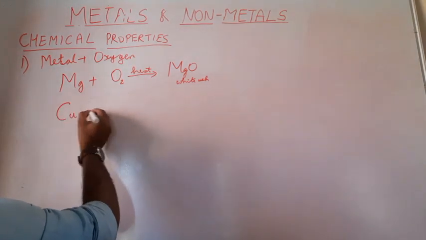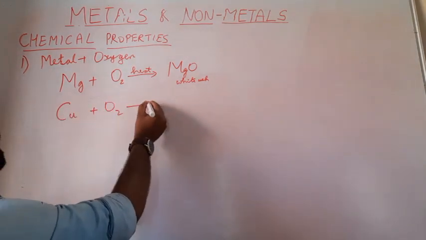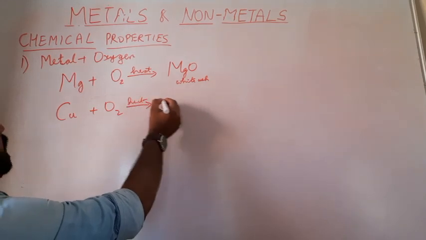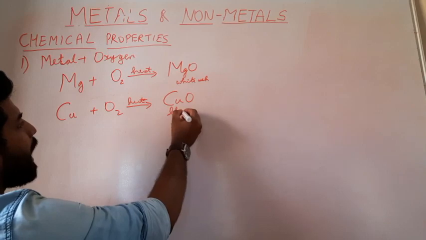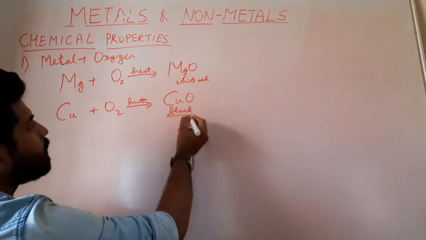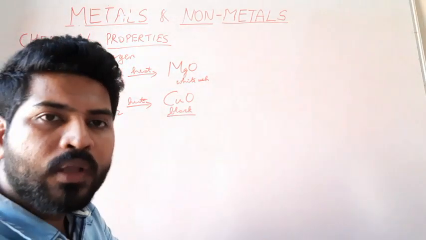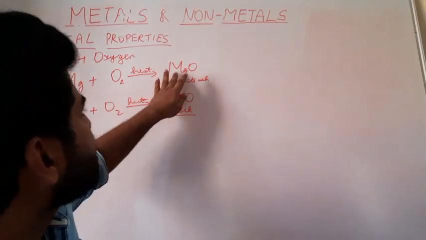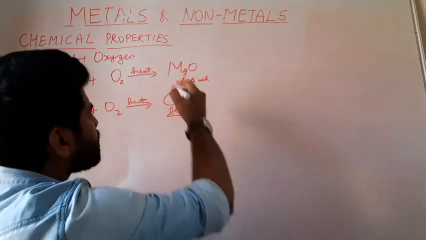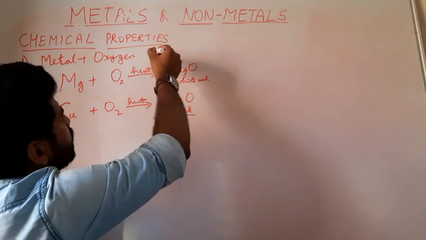Similarly, if you take copper and heat it, after some time you get a black colored coating formed on the surface of the copper metal. So this is magnesium oxide and this is copper oxide.